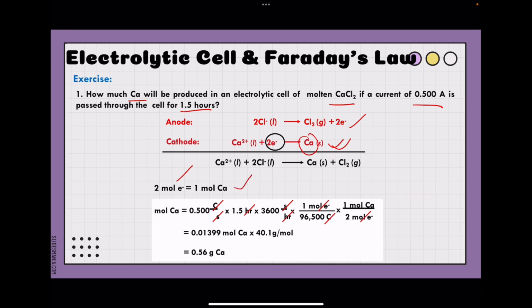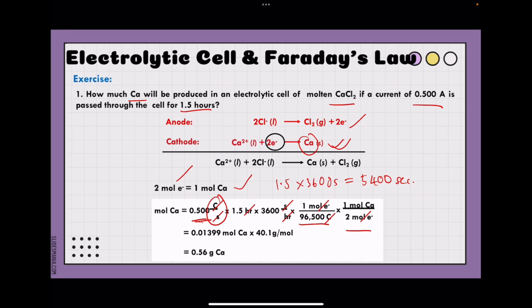Before you do the calculation, you need to convert the current into coulombs per second and the time in hours into seconds, which is 1.5 hours equal to 5,400 seconds. Then you can calculate the calcium produced by calculating 0.5 coulombs per second times 5,400 seconds, divided by 96,500 coulombs and 2 moles of electrons.